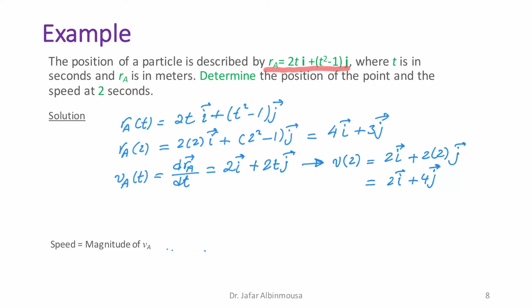So the speed, or the magnitude of v_A, is the square root of 2 squared plus 4 squared, which is going to be 4.47 meters per second.